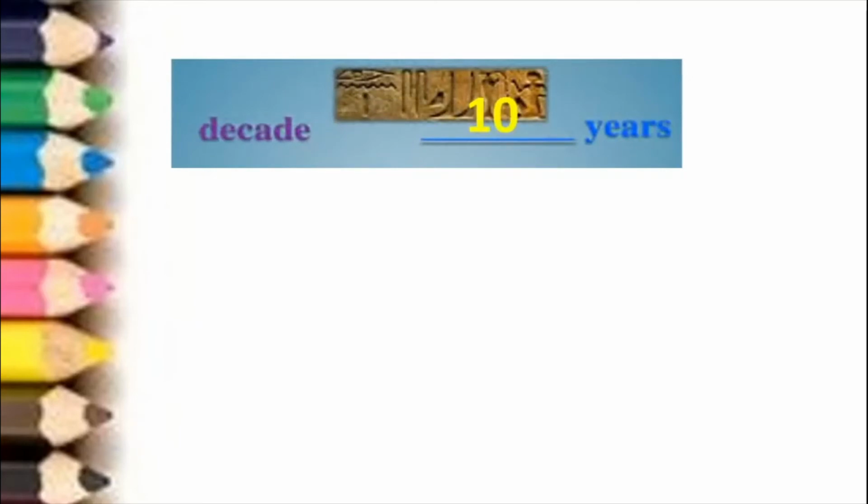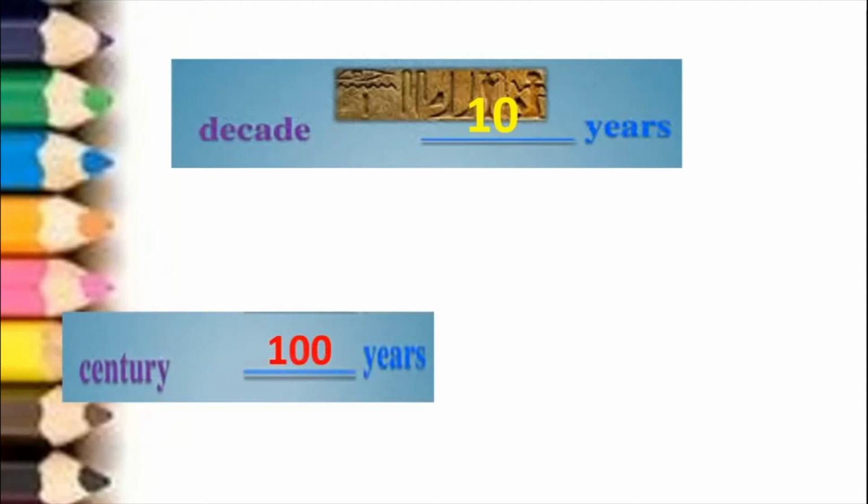Okay, so I told you there are some new concepts here. The concept of decade is one new concept. We know about years, but years are also clubbed together and given new names. So when 10 years are taken together, a period of 10 years is called a decade. Okay, and a period of 100 years is called a century. Now we know about century, isn't it? Because we all love to watch cricket.